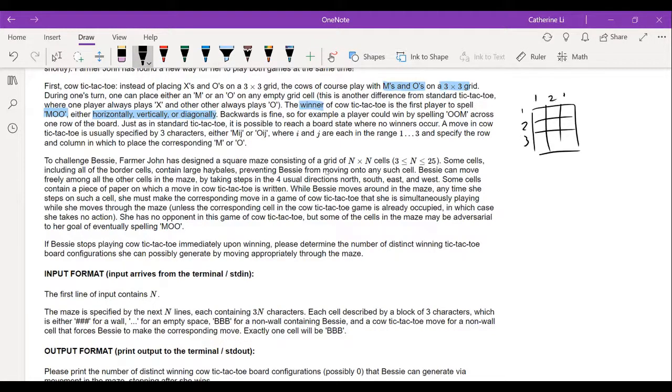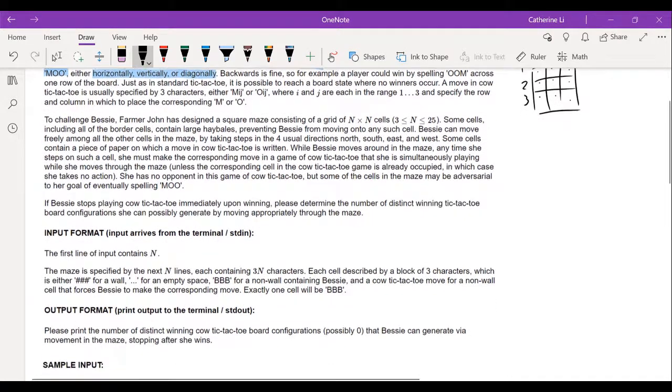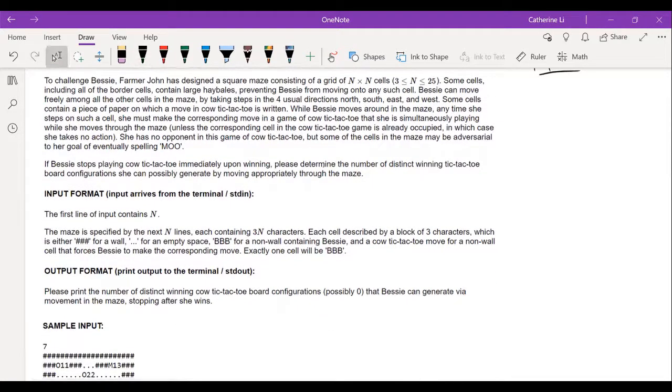1, 2, 3, 1, 2, 3. So it could be in any of these 9 positions. And then the context of this is we have a square maze, which is just a grid of n times n cells, and n is at most 25, so it's pretty small.